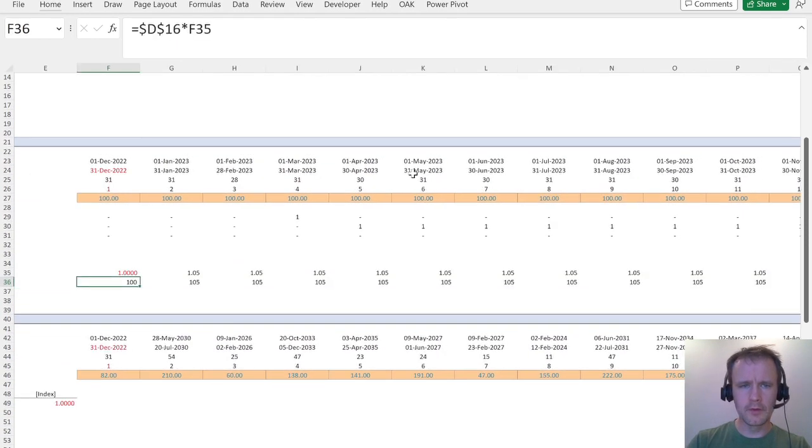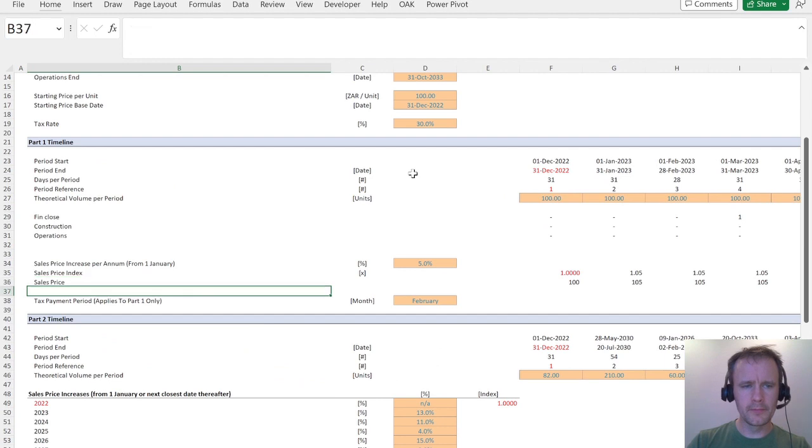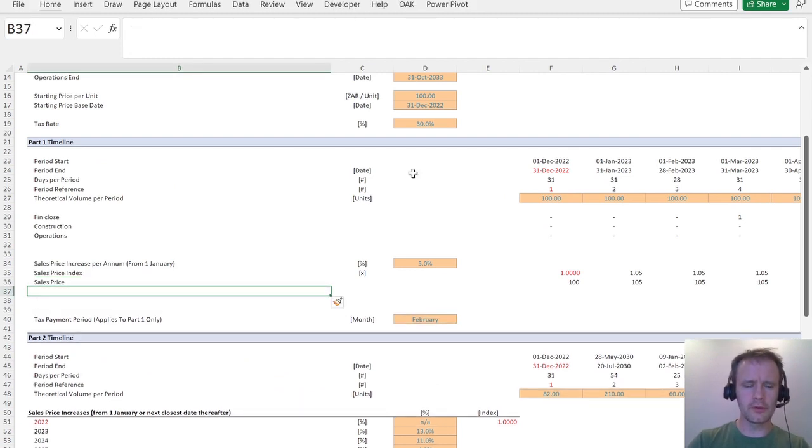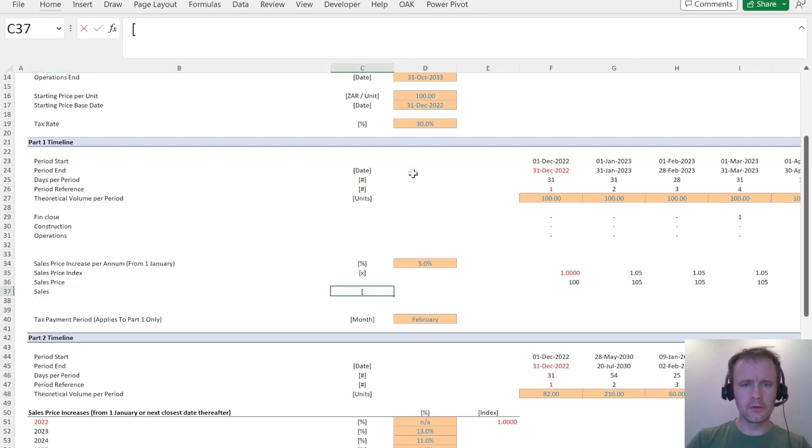Good. And then we have theoretical volumes, so I guess we'll have sales in what are going to be dollars. So that's going to be in the operations period times price times volume.